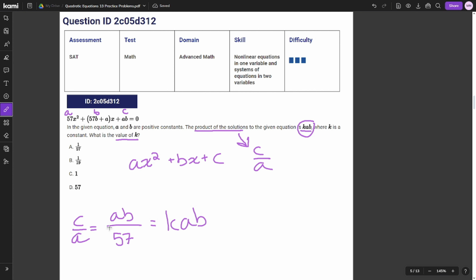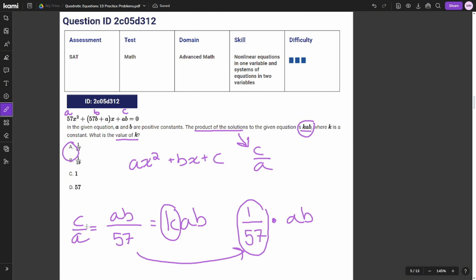Well, when you're dividing by 57, is that not just the same as multiplying by 1 over 57? So here, AB divided by 57 is also equal to just 1 over 57 times AB. So here the value of K will be 1 over 57, which means that our answer will be A.